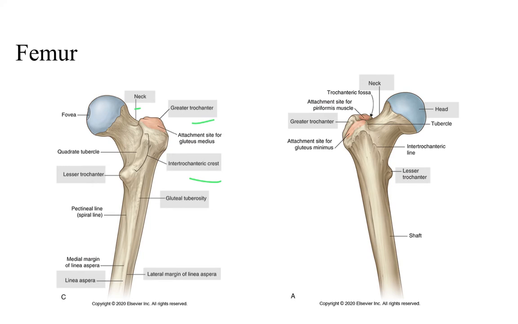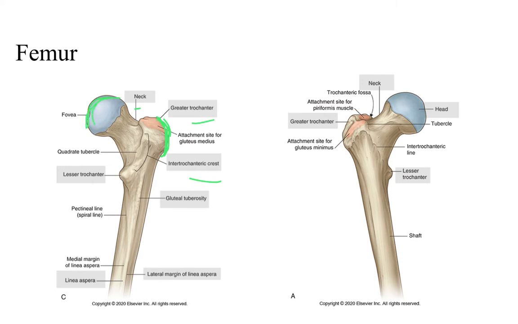And so a good way to identify that is that when you're looking at this, the outside here, that is your greater trochanter. All right, and you can feel that on your hip. It's that bony part of your hip that you usually use to close doors and things like that. So that will be on the outside.